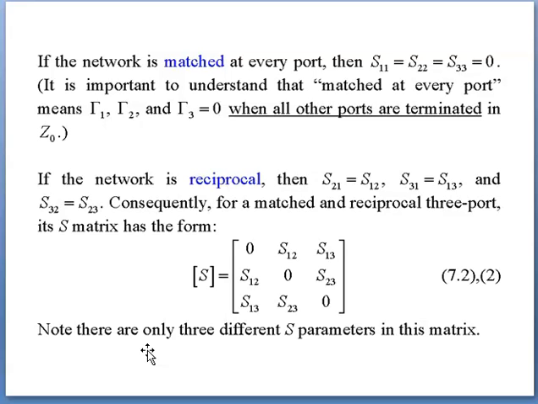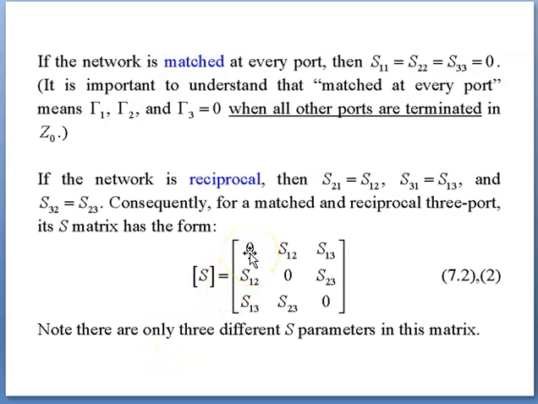Now if the network is reciprocal, your S21 will be equal to S12, S31 will be equal to S13, and S32 will be equal to S23. Consequently, for a matched and reciprocal three-port, your S matrix would be like this.